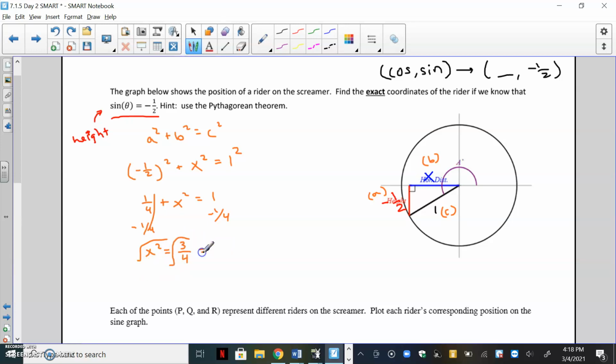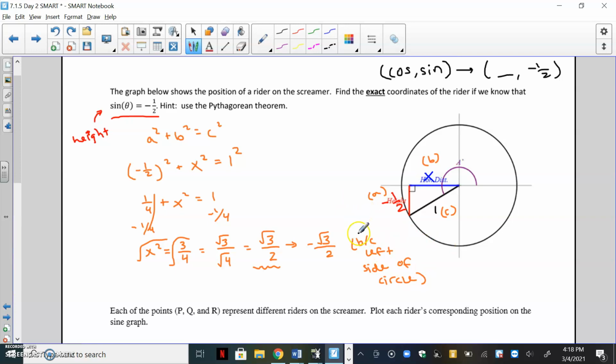So I get the square root of 3 over the square root of 4. Now I can't square root 3 any nicer, so I'll leave it like that, but the square root of 4 is 2. Now I would say that we're done, but because your triangle is on the left side, in order for this to be accurate, we need to turn it to a -√3 over 2, because cosine is always negative on the left side of the circle.